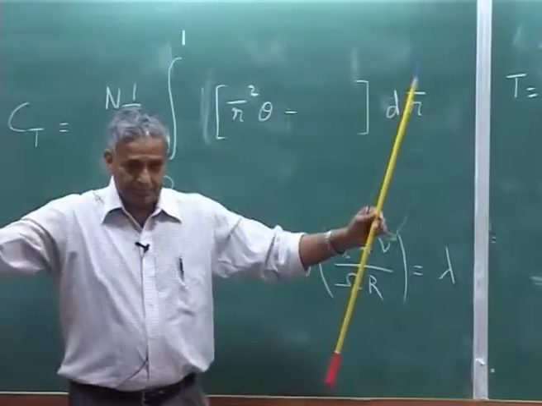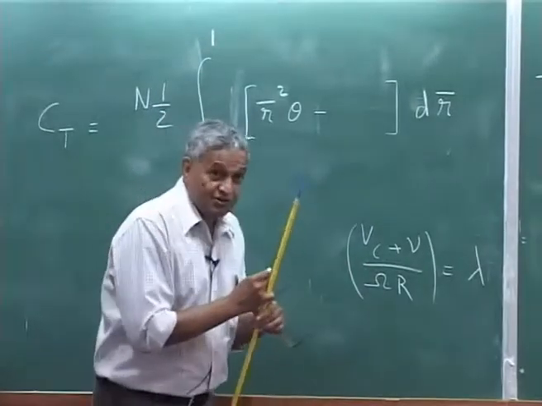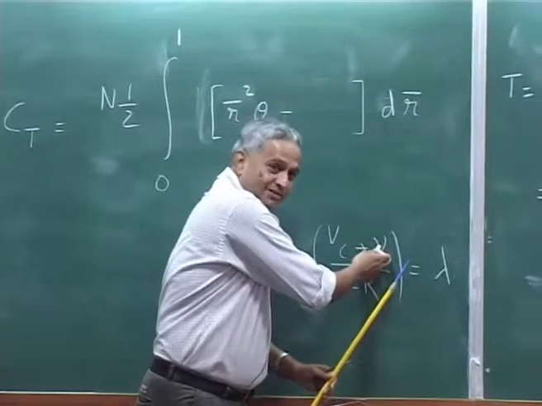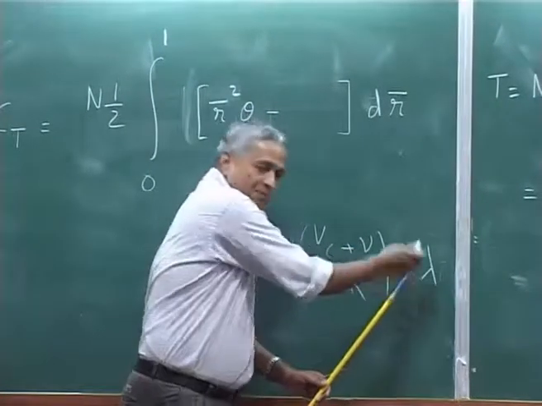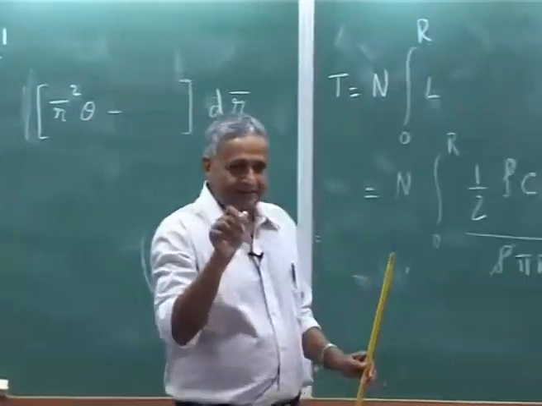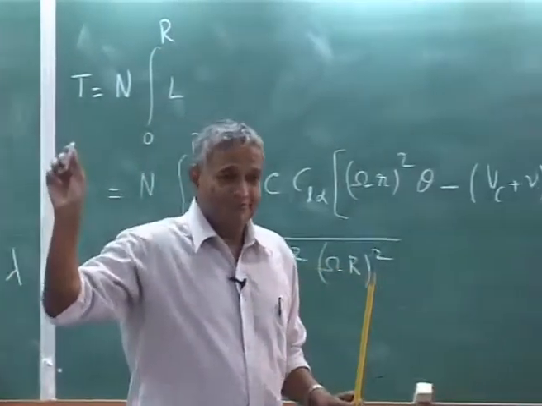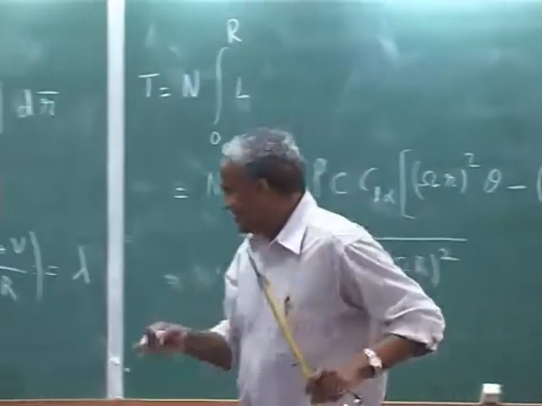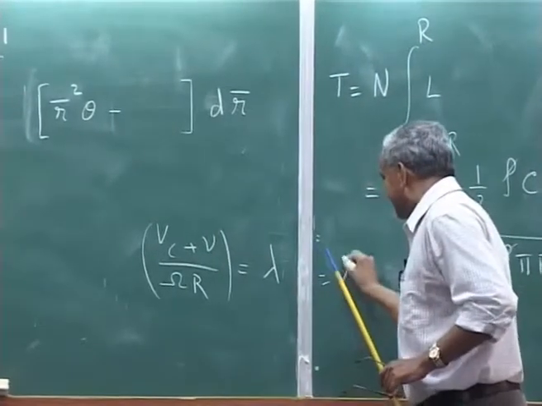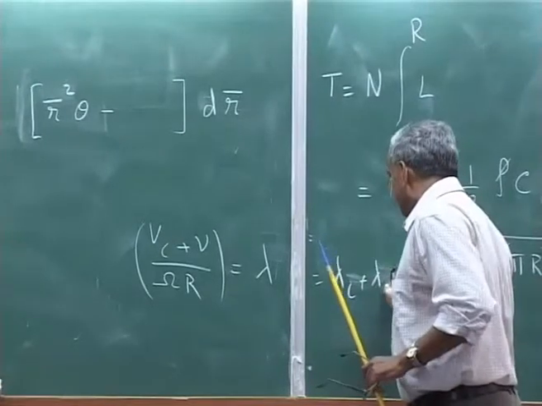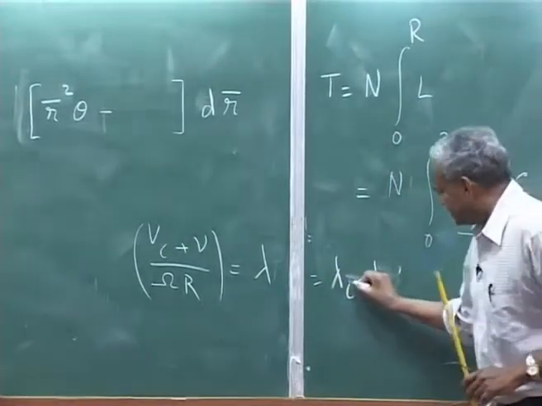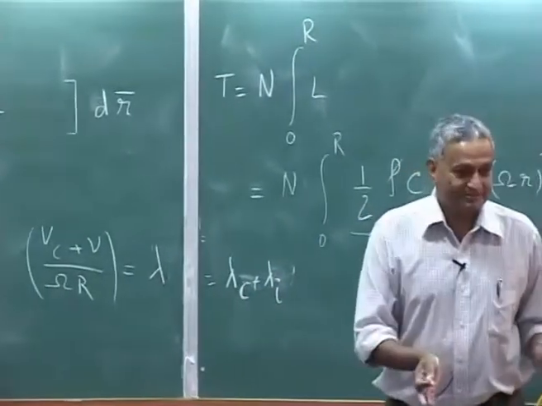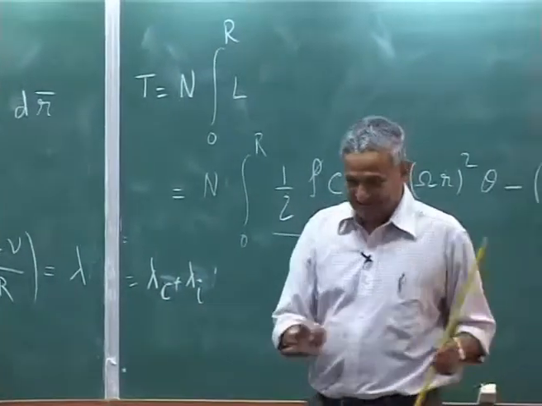Lambda is inflow, okay. Please understand this includes climb and induced velocity. Later I may split this into lambda c and lambda i, okay. But right now I am calling it lambda, because this itself you can write as lambda c plus lambda i, that means c is climb, i is induced, you can split, that is later.